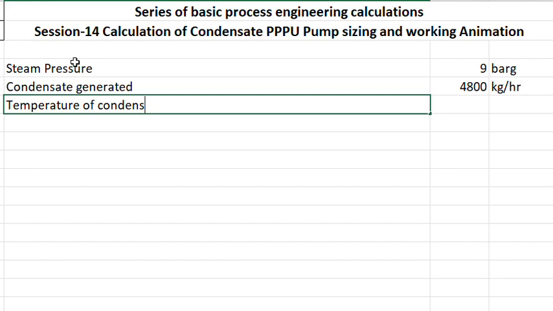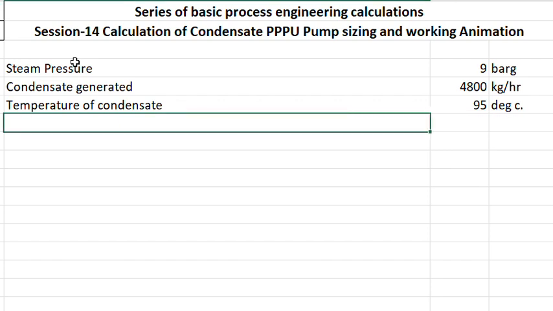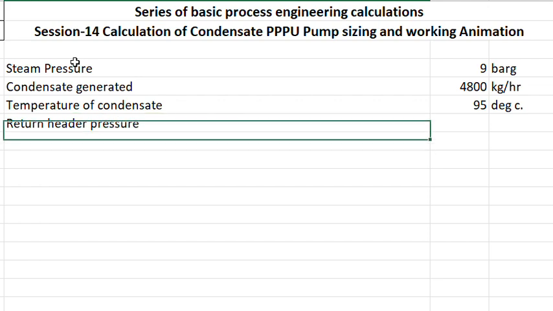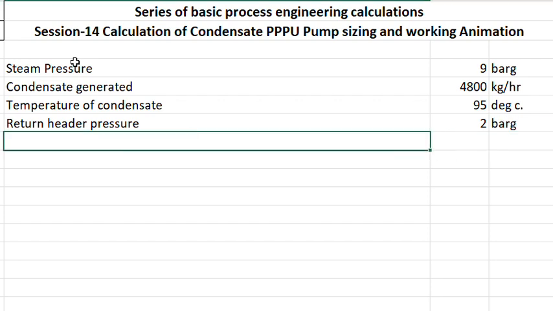Okay, so here the temperature of condensate which I have taken is 95 degrees Celsius. Then the return header pressure, because that needs to be overcome so that we can transfer the condensate.